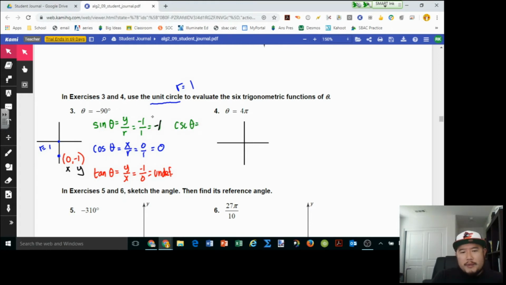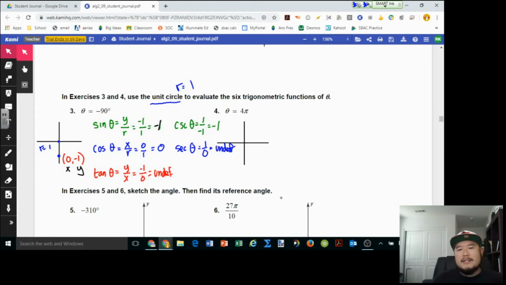And we can go through all the business of knowing the equations, but remember, it is the inverse of sine, so we can go ahead and put this as 1 over negative 1, the reciprocal of this. Well, that'll equal negative 1, so cosecant theta is equal to negative 1. We go now to secant, which is the inverse of cosine, and we'll go ahead and put 1 over 0. Well, 1 over 0, once again, is undefined.